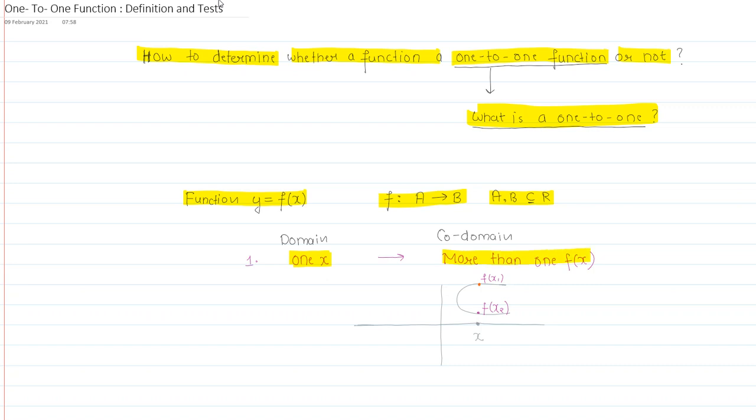As you can see in the example, for one value of x, there are two values, f(x1) and f(x2). When this is the case, this is not a function. When for one x, there are multiple values in the codomain, then it is not a function.